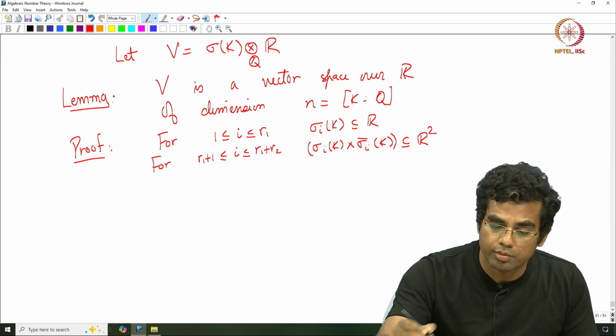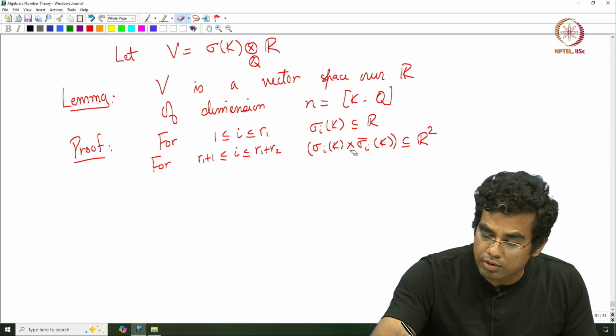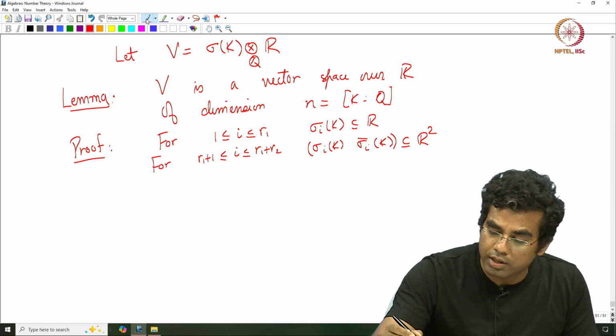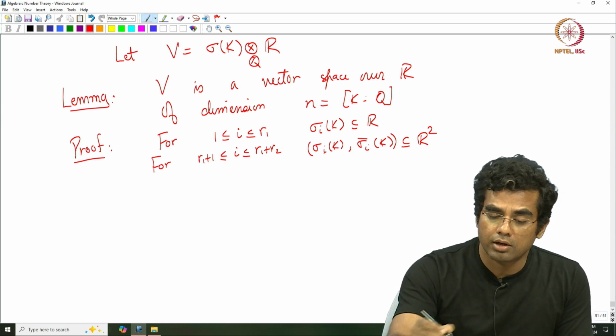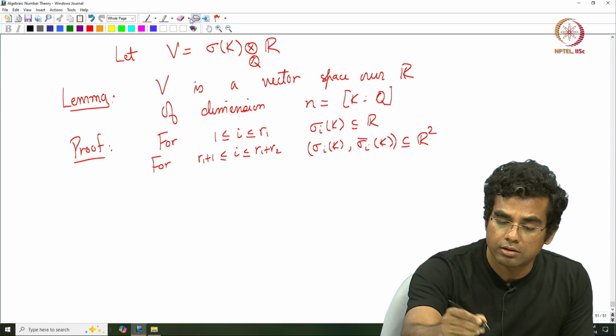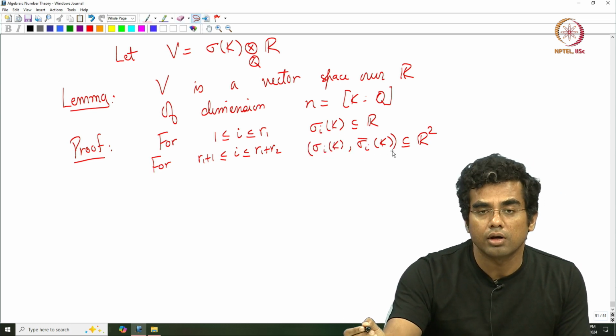So, this should be a comma, I mean it depends on your notation, but I want to write it as a comma since I am writing it as a tuple, right. So, whatever this number is, this is its conjugate, right.